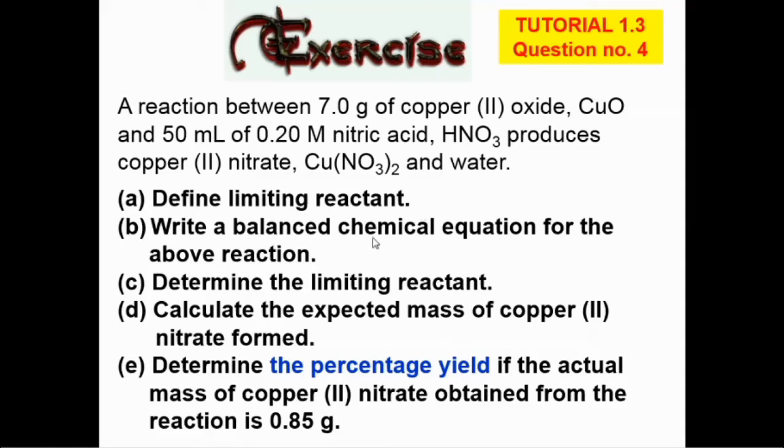B, write a balanced chemical equation for the above reaction. C, determine the limiting reactant. Then calculate the expected mass of copper 2 nitrate formed, and lastly, determine the percentage yield if the actual mass of copper 2 nitrate obtained from the reaction is 0.85 grams.